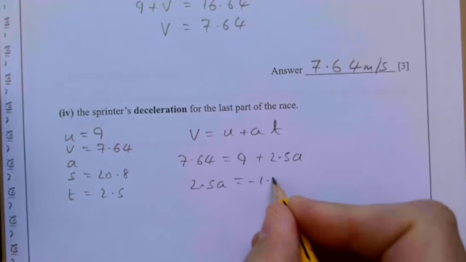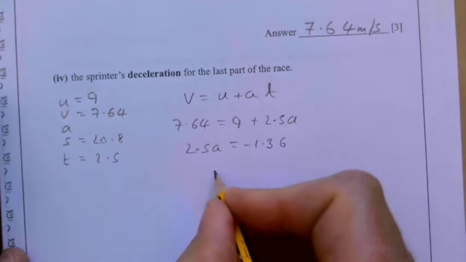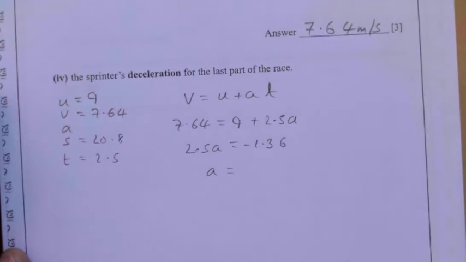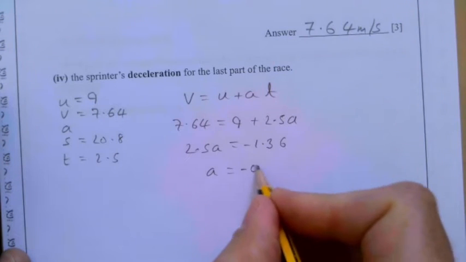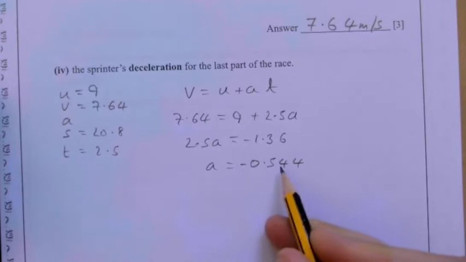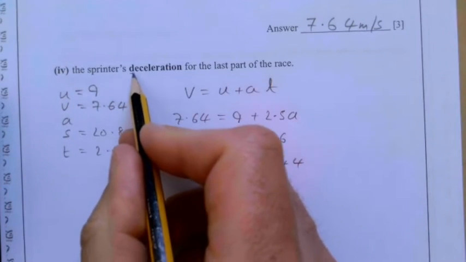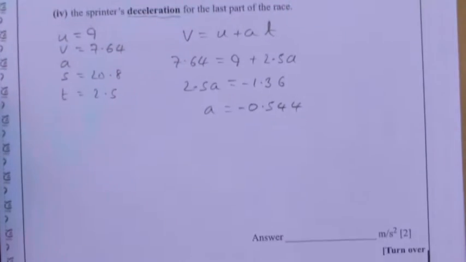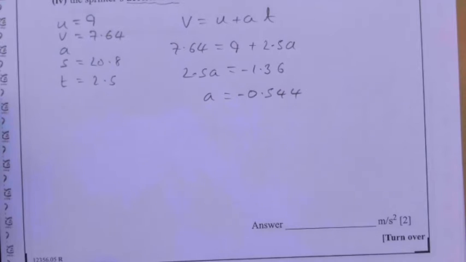Is minus 1.36. And a then, if I divide, is minus 0.544. So that's an acceleration of minus 0.544. Notice they've asked for deceleration, and I've even put it in bold to remind you, therefore deceleration is 0.544 meters per second squared.